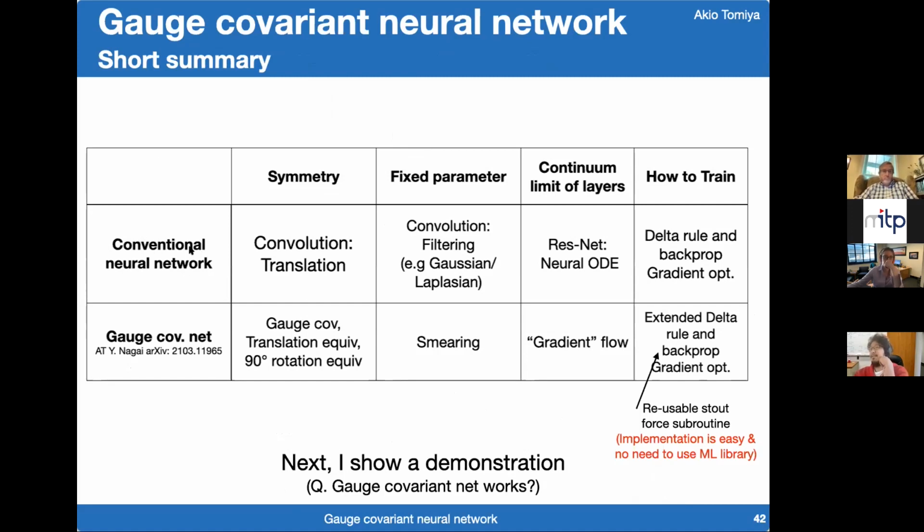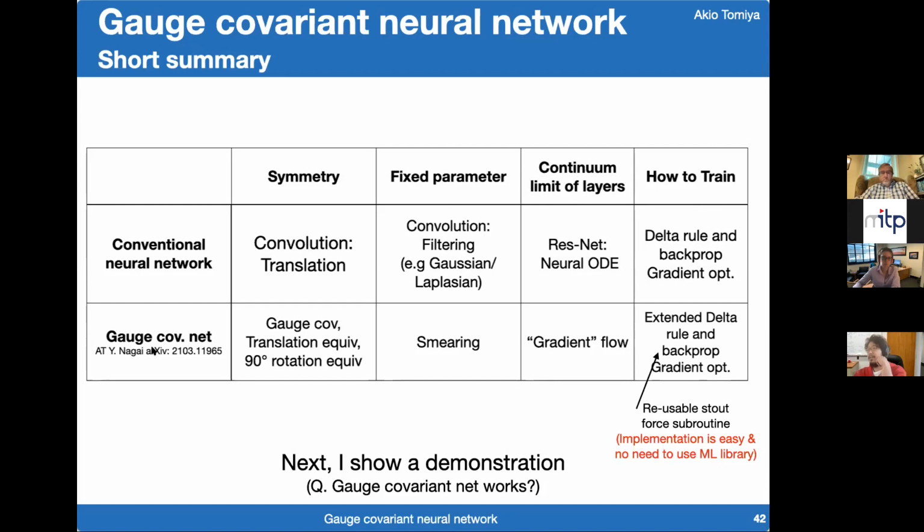The conventional convolutional neural network is on the top, and our gauge covariant neural network is on the bottom. For symmetry, we can treat translation using convolution. If the parameters are fixed, a convolutional neural network works as a filter, like a Gaussian filter or Laplacian filter. If we take a continuum limit of the ResNet, we get a neural ODE. We can train the neural network using the delta rule, backpropagation and a gradient descent optimizer.